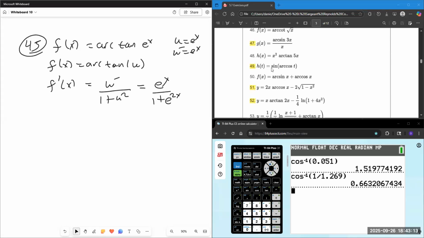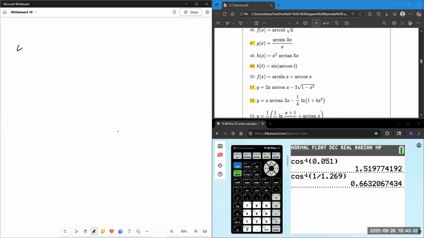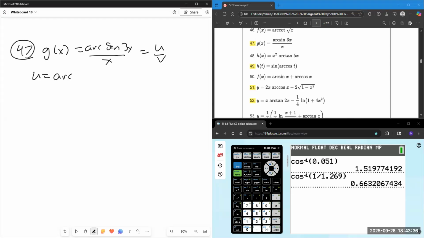Let's look at 47 now. 47 is g of x is equal to arc sine of 3x over x, which is a u over v situation where u is equal to arc sine of 3x. v is equal to x. u prime is the derivative of the expression on the inside over the square root of 1 minus that expression on the inside squared.